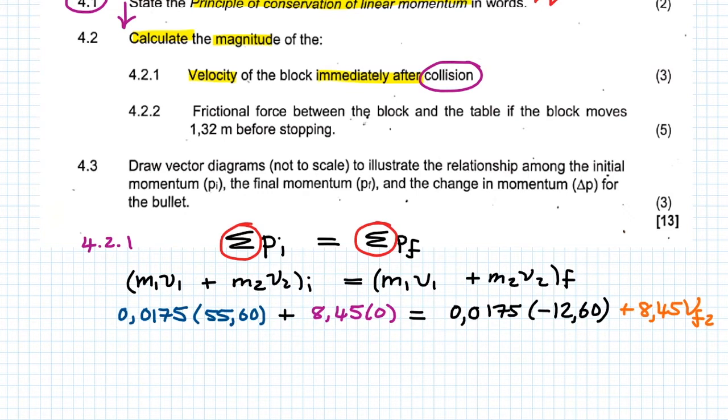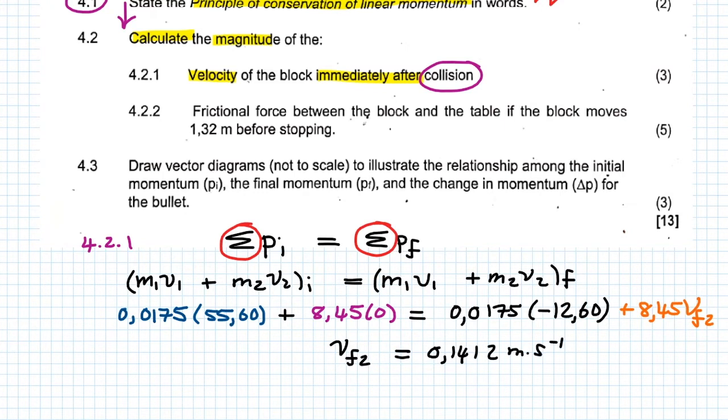So we're going to leave this as V final of object 2. We can now manipulate this formula and plug values into our calculators to find that the final velocity of object 2 is going to be equal to 0.1412 meters per second.